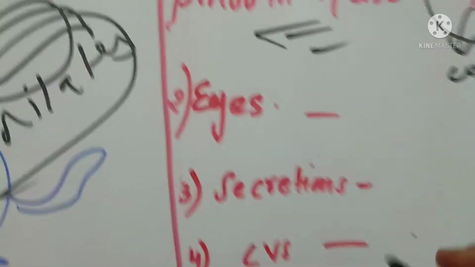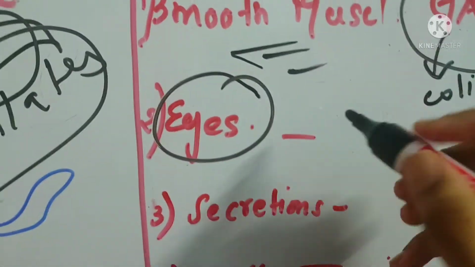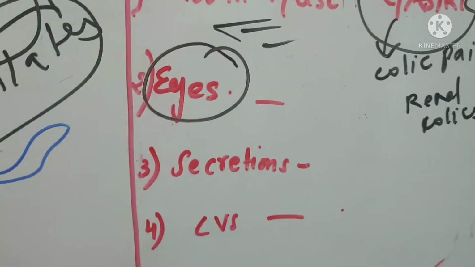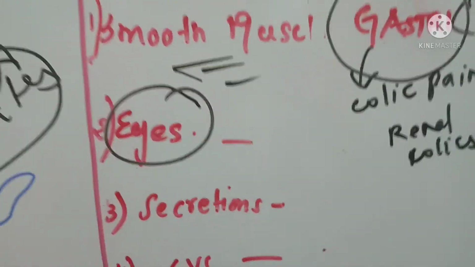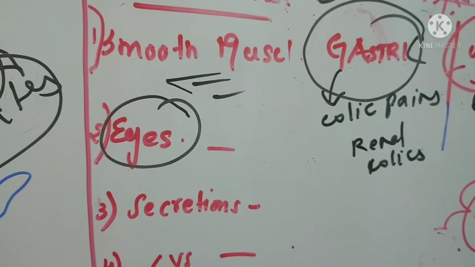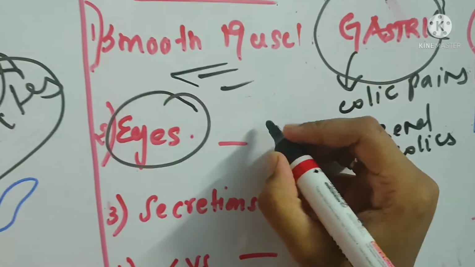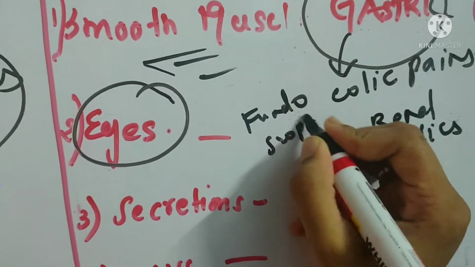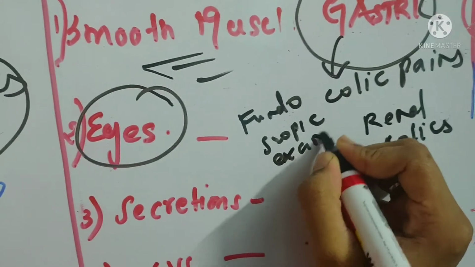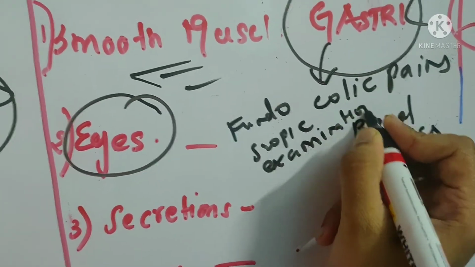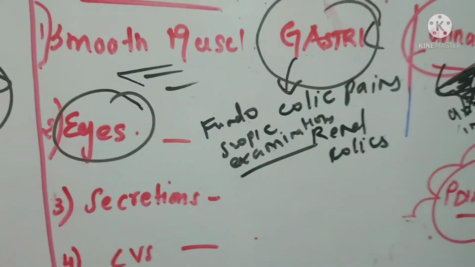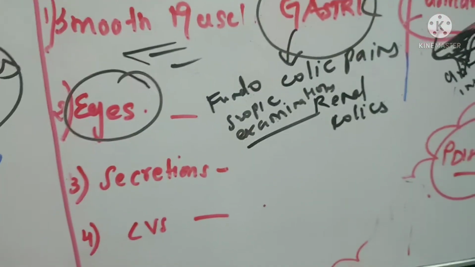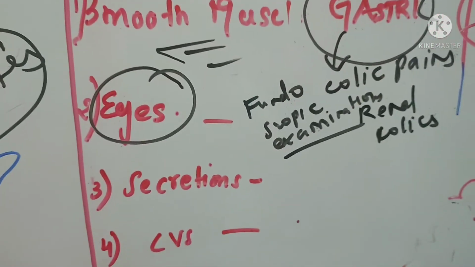And then moving on to the eyes, as you all know, it dilates the pupil. So since it dilates the pupil, it's usually used in fundoscopic examinations. And even in iritis, for dilation of the pupil, atropine is used.